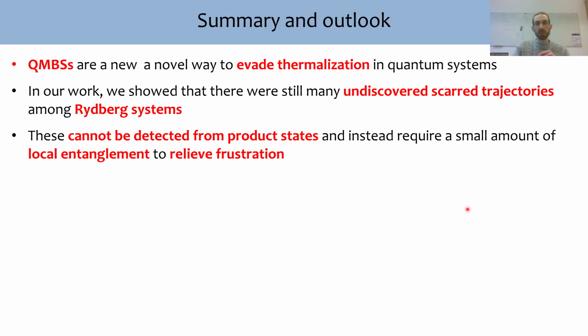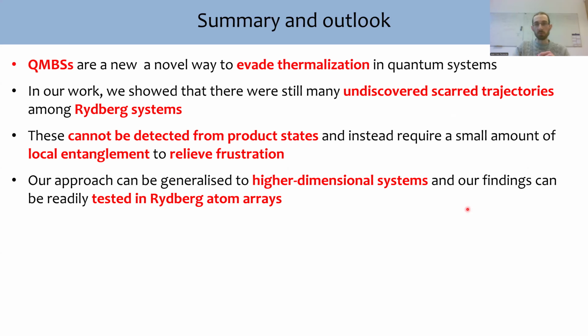And our approach is relatively simple and can be generalized to higher dimensions. So you could go to 3 or even higher dimensions. It just becomes a bit harder to find whatever covering, so what your supersites are, as your lattice gets more and more complex, but there's no theoretical barrier here. And our findings can also be readily tested in Rydberg atom arrays. As long as you can prepare Bell pairs at the places you want, then you should be able to find the scar states and see them experimentally.